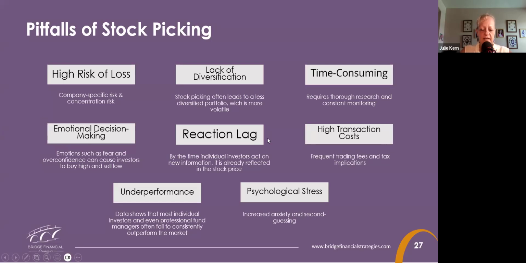There's a reaction lag, and this has to do with the fact that market prices are efficient and everything that you're thinking is already priced in, but you think you're making choices based on unique or unknown information. There's high transaction costs when you're constantly buying and selling.